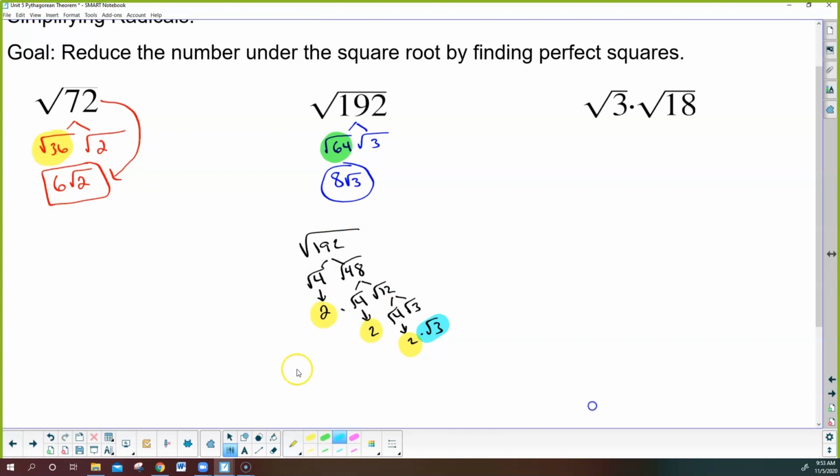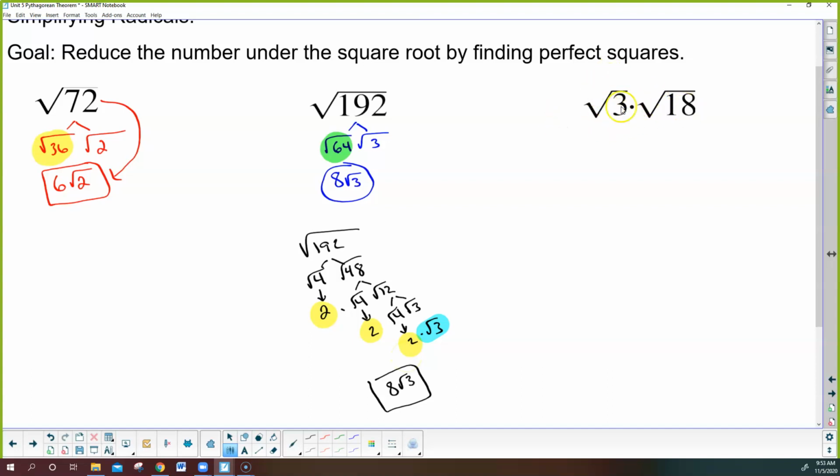So you can see that you're going to get the same answer if you do it the long way. 2 times 2 times 2 ends up being 8 square roots of 3. So since we knew 8 squared was 64, 64 was the better option to pick versus breaking it down the long way. Well, there's nothing wrong with doing a little extra work if you know you're going to get the right answer.